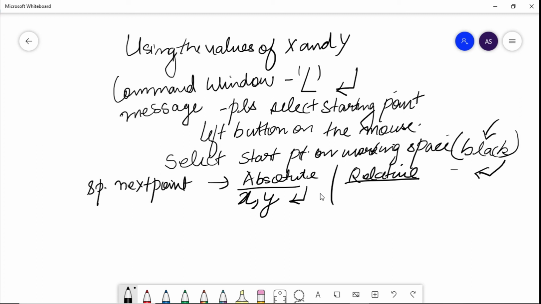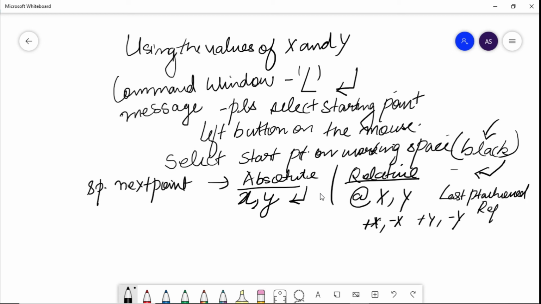In the relative coordinate system, the syntax changes from simple x, y to @x, y, and you can always give positive and negative values of x and positive and negative values of y, because the last point achieved then acts as your reference point, which is always 0, 0.